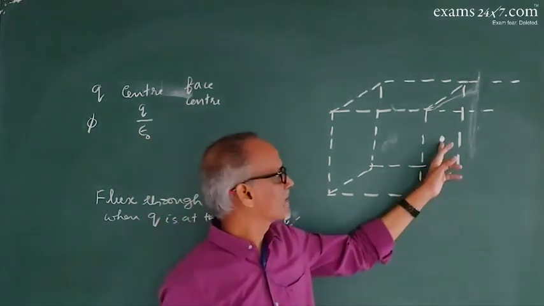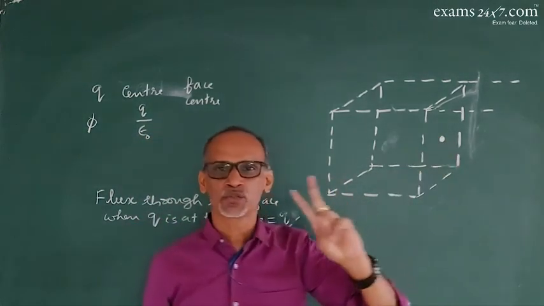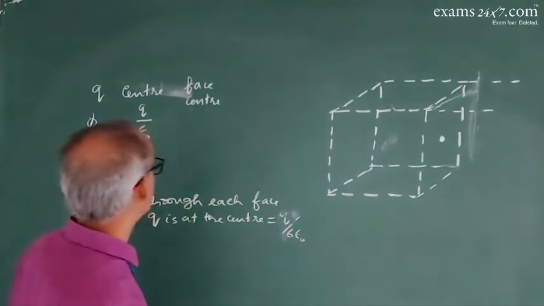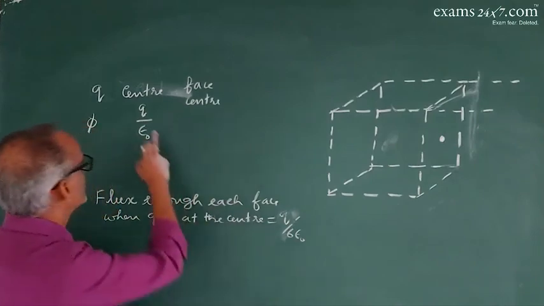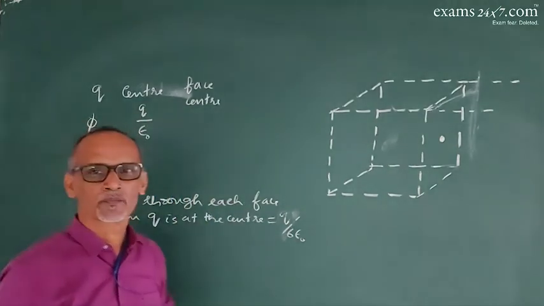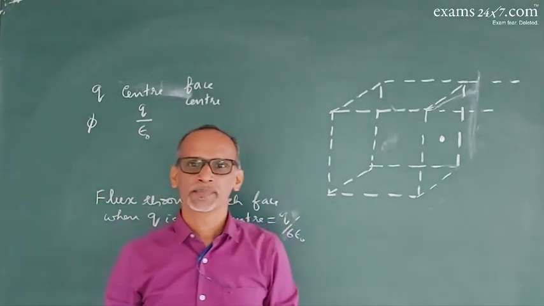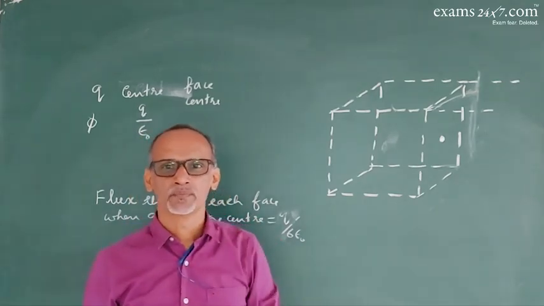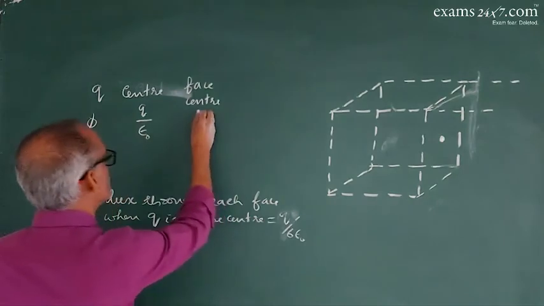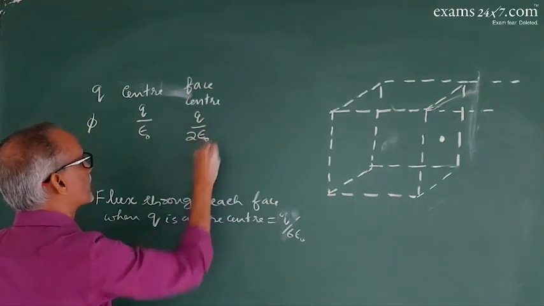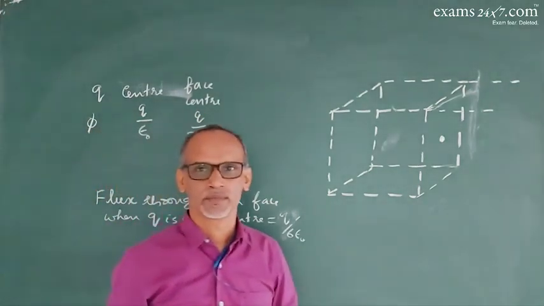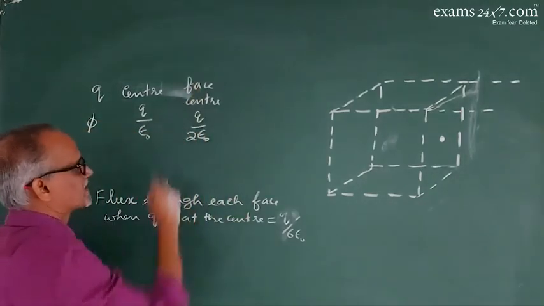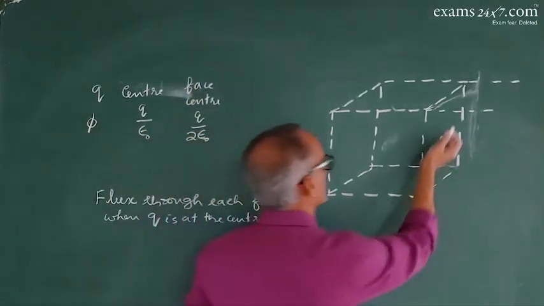Since it is enclosed within 2 cubical surfaces, the total flux through both the cubes is Q by epsilon naught. But we wanted the flux through one cube, so it is Q by 2 epsilon naught when the charge is placed at the face center.